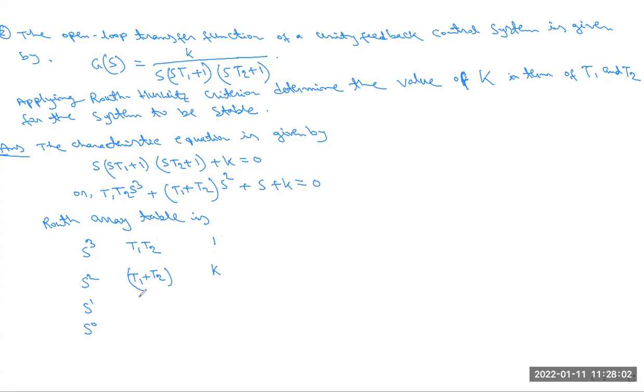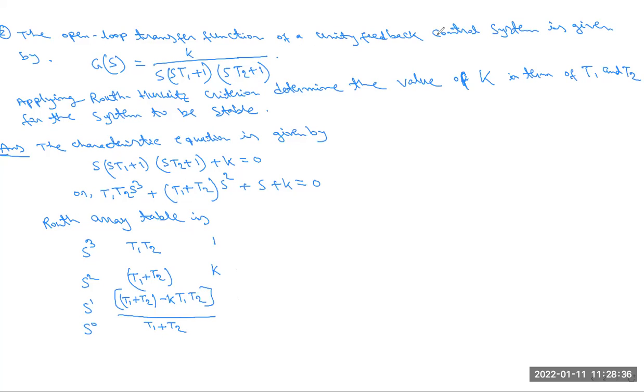So the equation is coming, I have written here: (T1 plus T2) into 1, that means 1, then minus K into T1 T2, and this is divided by T1 plus T2, and this position is blank, that is 0.